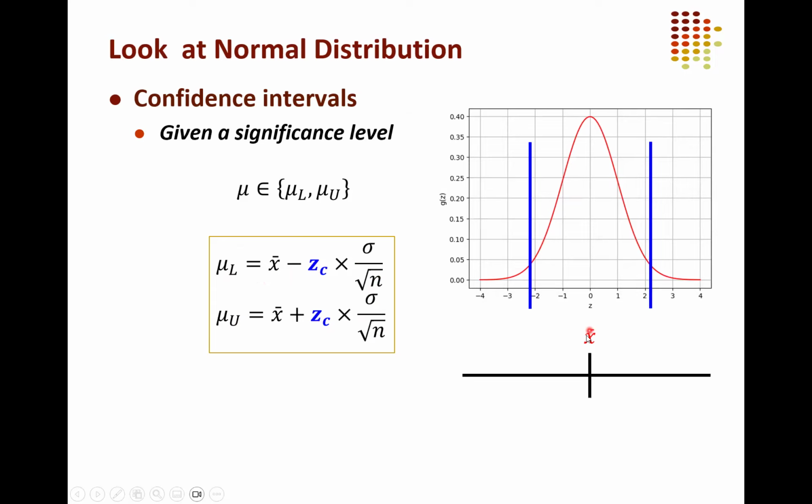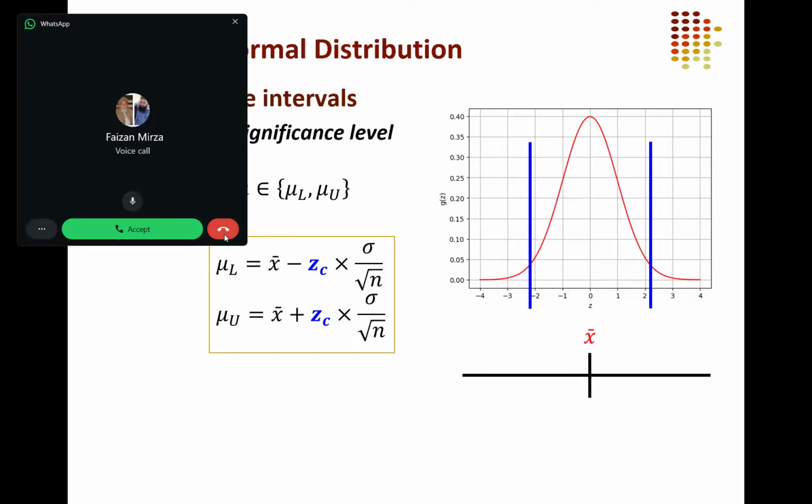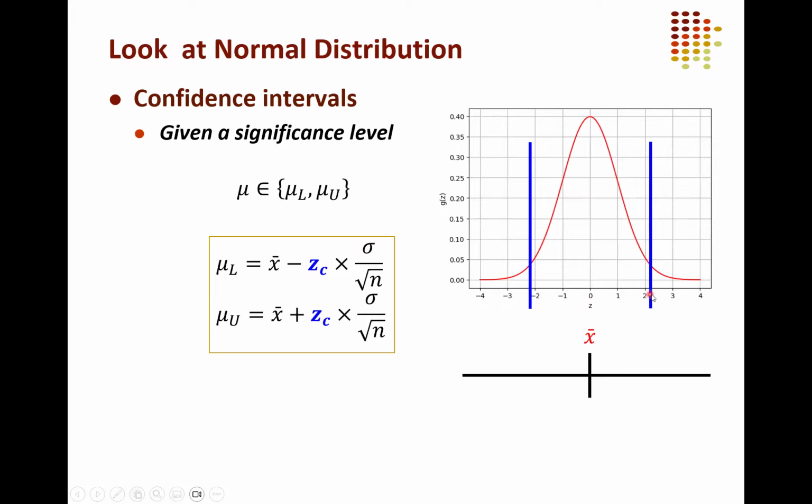So when x bar is observed over here, within this confidence interval, these values will define the lower limit and upper limit of the population mean value.